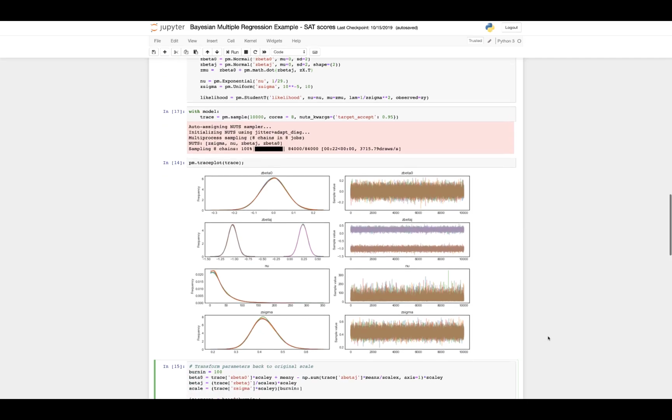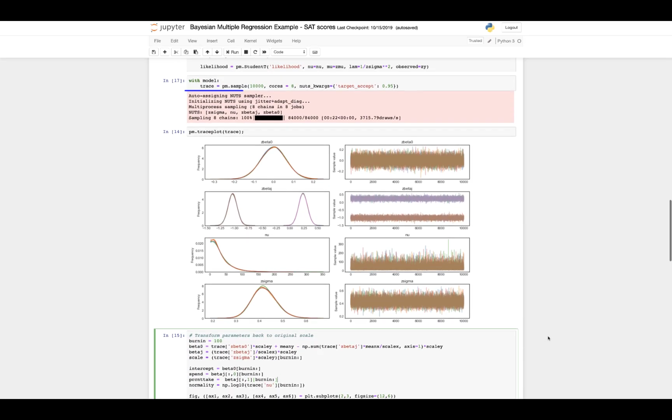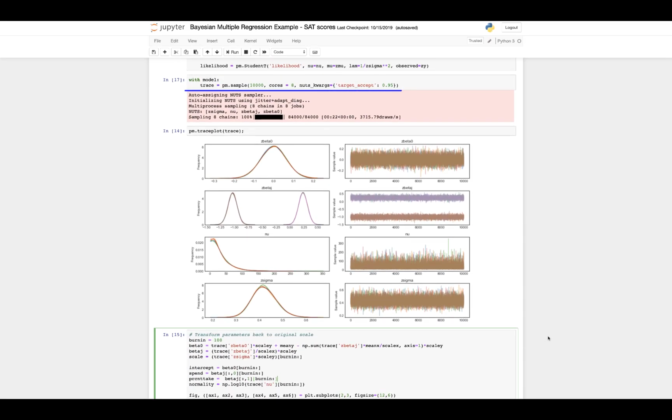Okay, then we actually release the MCMC code to run. In this case, we tell it to run 10,000 times. I used 8 cores on my machine to run 8 different chains at the same time. And the target acceptance we set at 0.95.